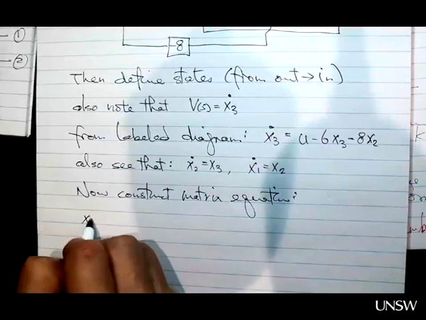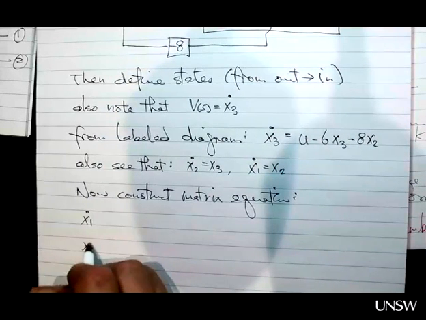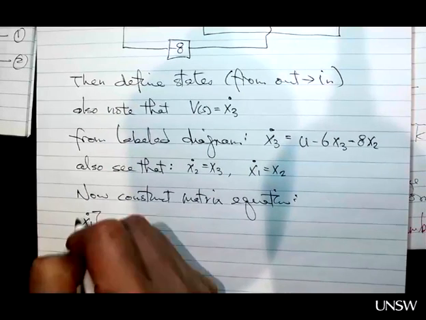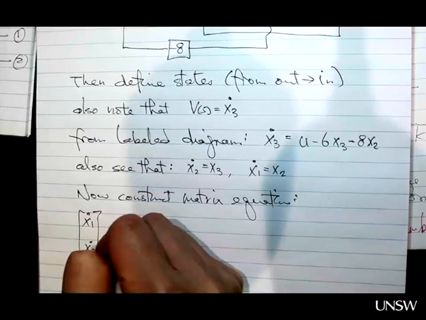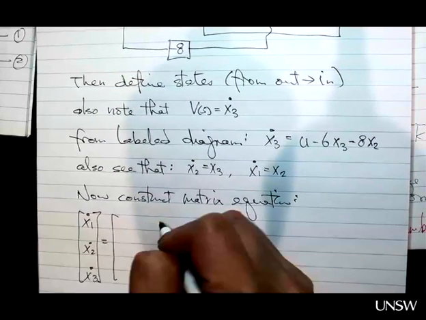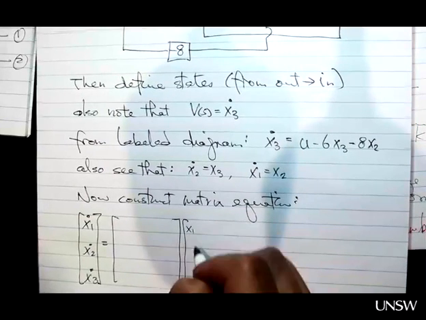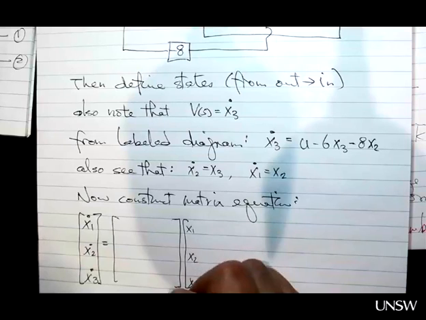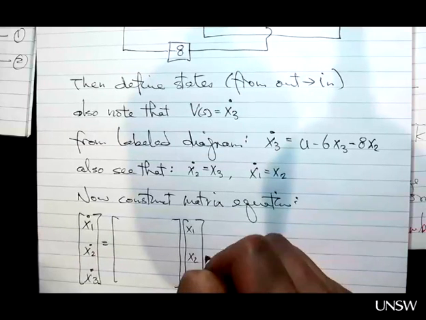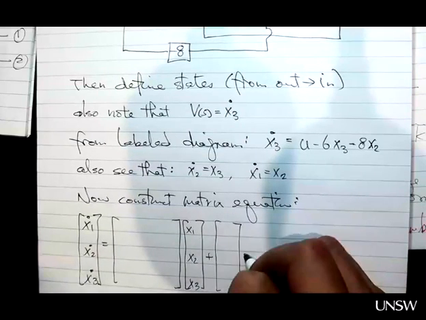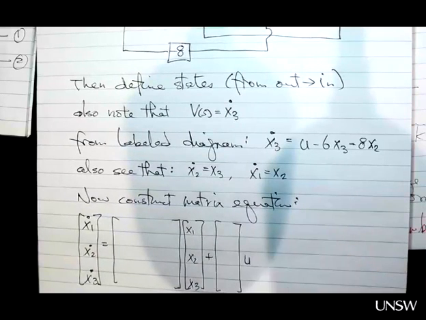So we have x1 dot, x2 dot, x3 dot equals some matrix multiplied with our state plus another matrix multiplied with the control input.